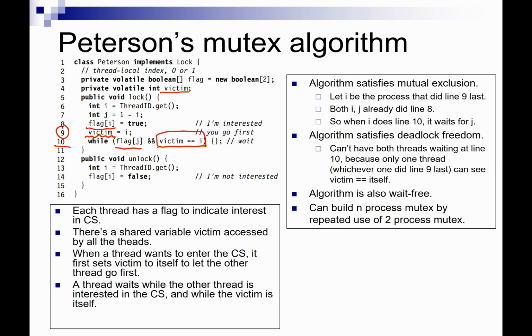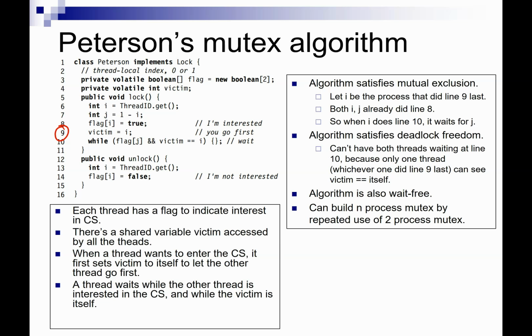Now let's check that it works correctly, or actually more correctly, because now we have all the properties. First of all, we check that it satisfies mutual exclusion. Let's look at line 9. Let's say that process I is the process that did line 9 last. Both processes are going to do line 9, and one of them is going to do it last. So they've already done line 8, so they've both set their flags to true.